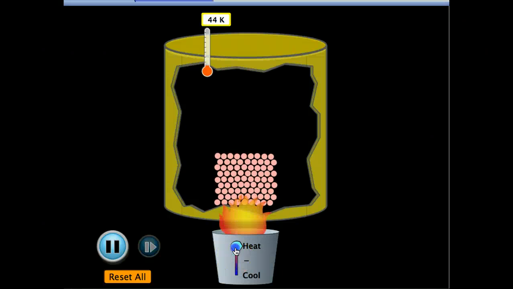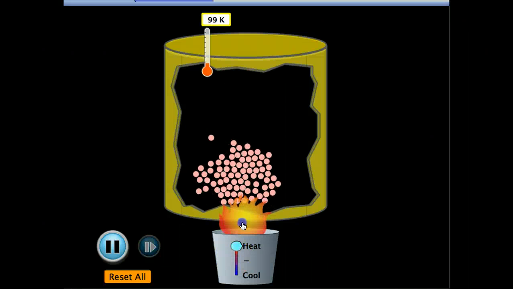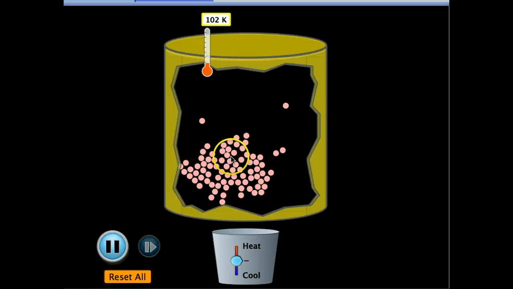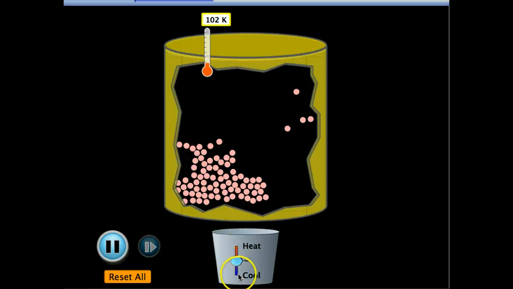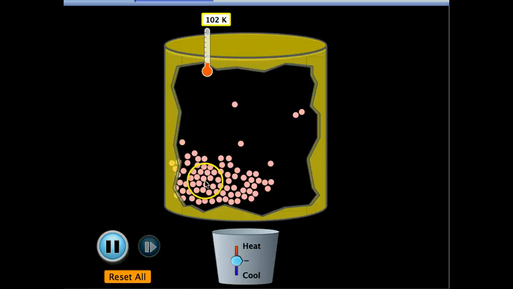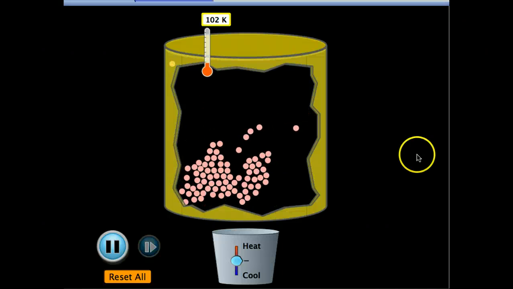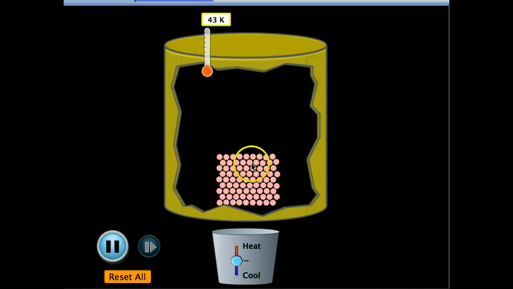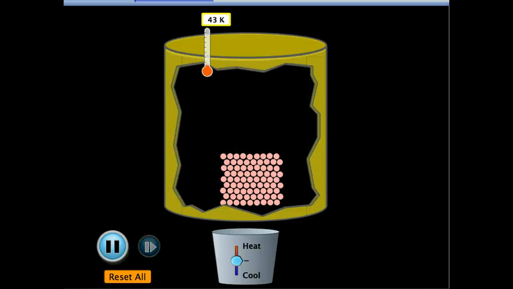And instead, all that heat that I'm adding, which is really just energy, so when I'm heating this up, I'm just adding energy to it, that energy is used to break apart the connections between those individual atoms. So if we look at a solid, like let's say that one right there, notice how it's connected to all those around it.